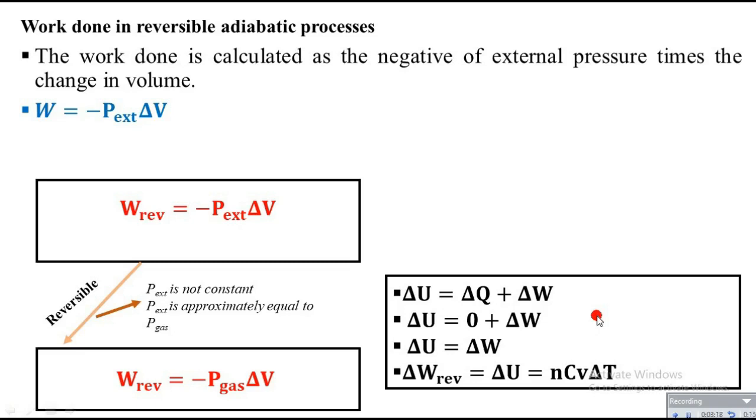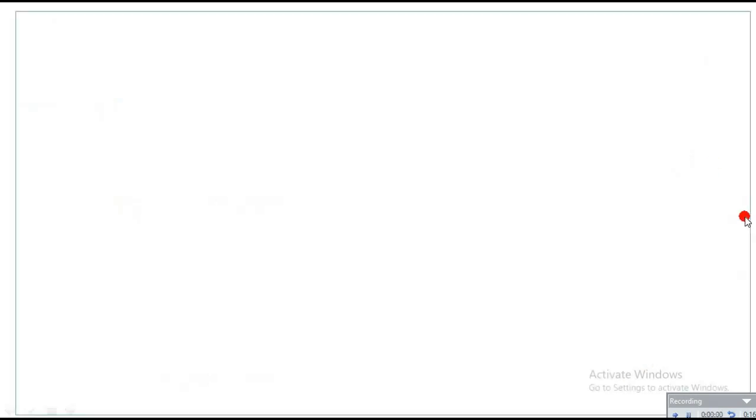You have the work done, reversible, equal to dU, equal to nCv dT, equal to minus the pressure of the gas times dV. And from these formulas, we are going to derive other formulas to calculate the work done in the reversible adiabatic process.